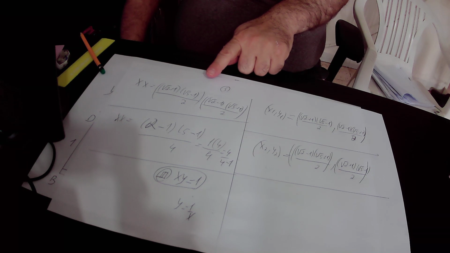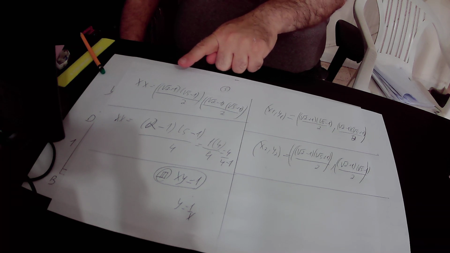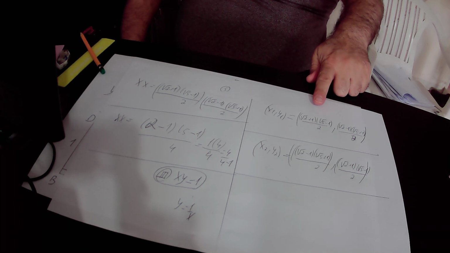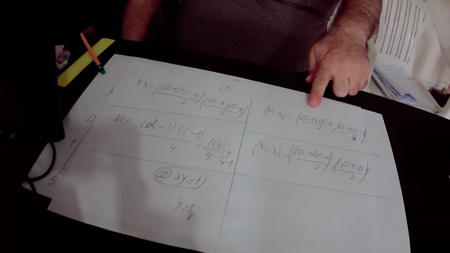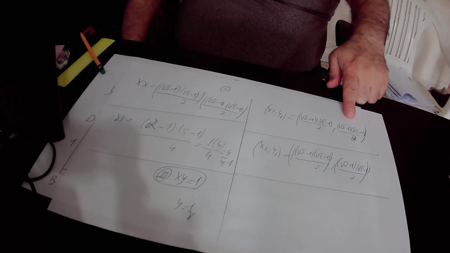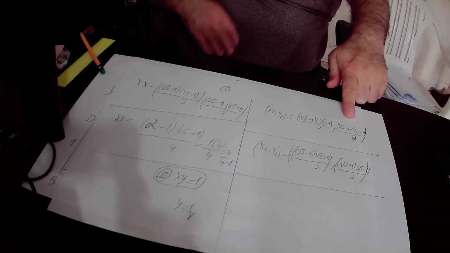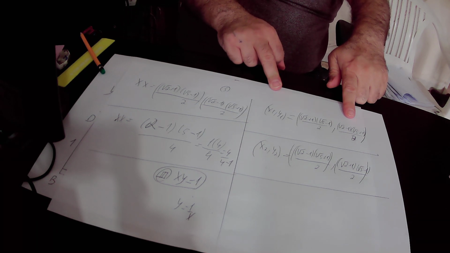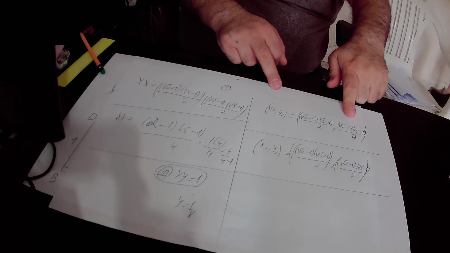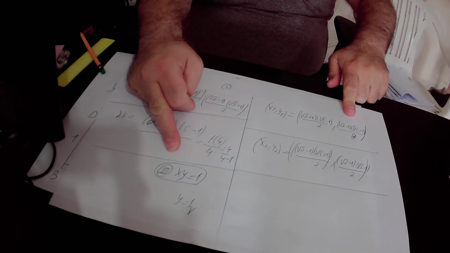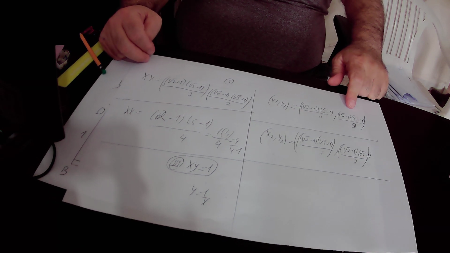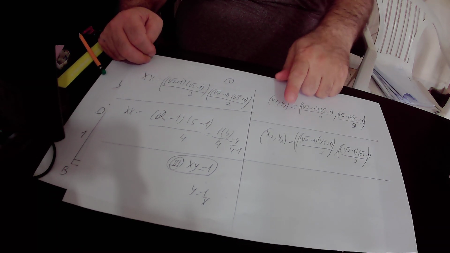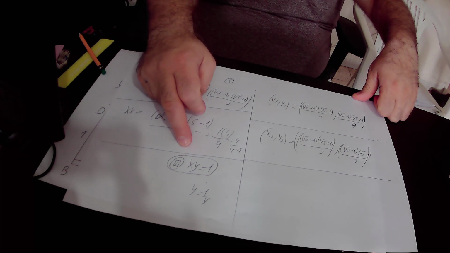And according to this multiplication, we know that x times y equals 1, therefore we will multiply x1, that is square root of 2 plus 1 times square root of 5 minus 1 over 2, by this expression, and we will get 1, because x1 times y1 must give us 1 according to equation number 3, and x2 times y2 also must give us 1 according to equation number 3.